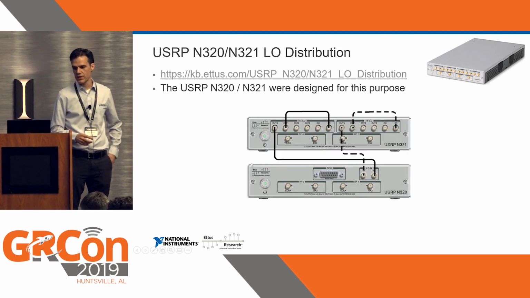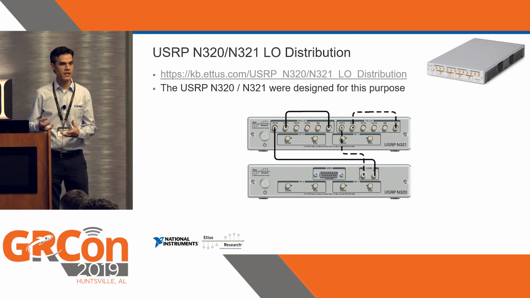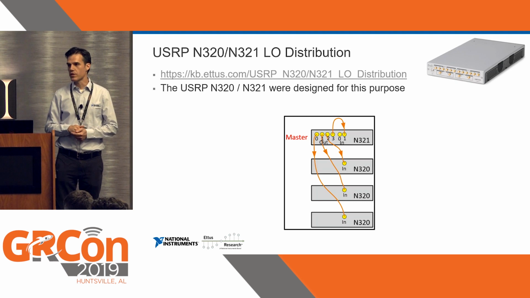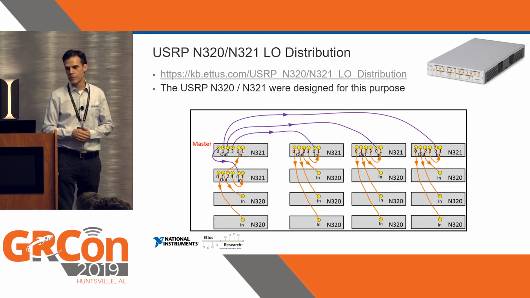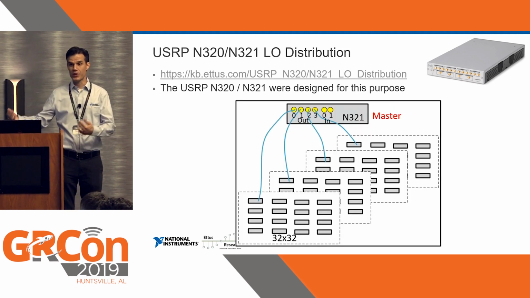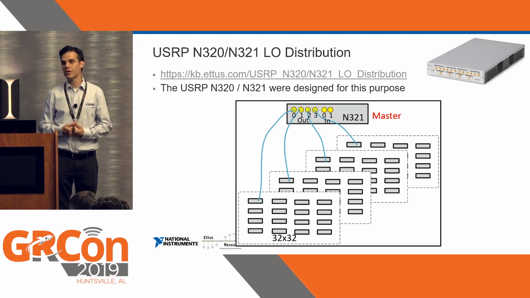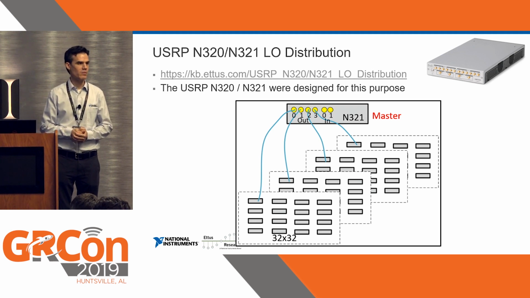And this allows you to do things like put an N320 and an N321 together to build a very nice, tightly coupled 4x4 system, or put several of those together to build an 8x8 system, or a 32x32 system, or a 128x128 system, right? In my opinion, it's a pretty cool advancement in that mid-range SDR, a feature that just hasn't been there on existing mid-range SDRs.